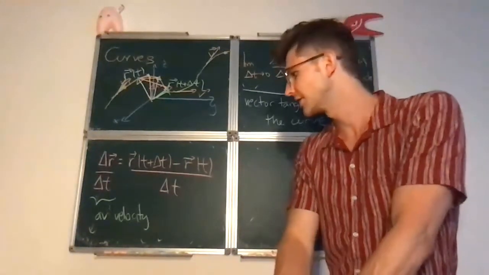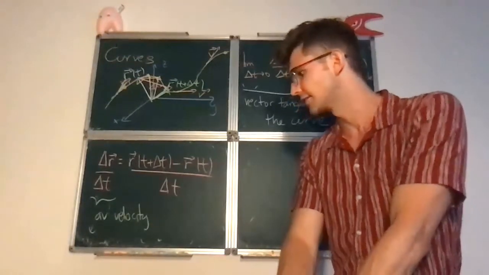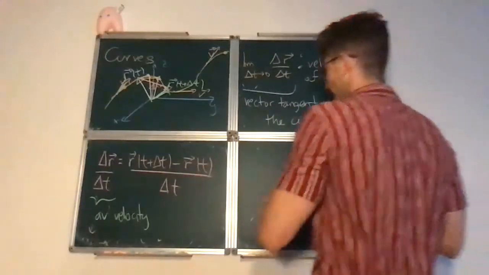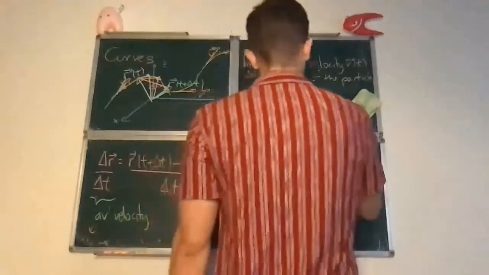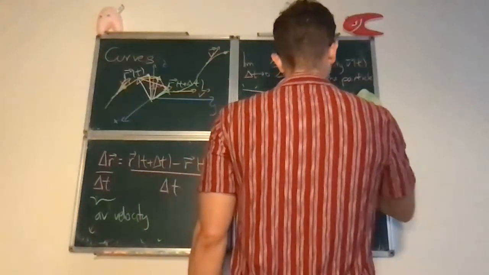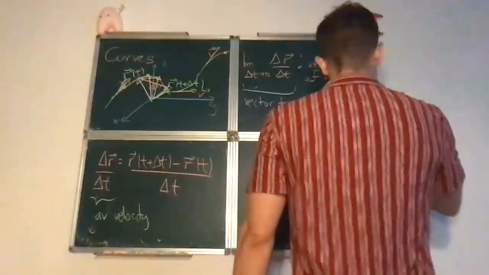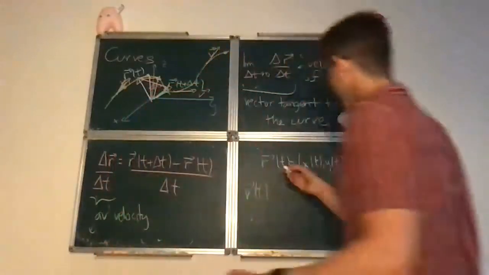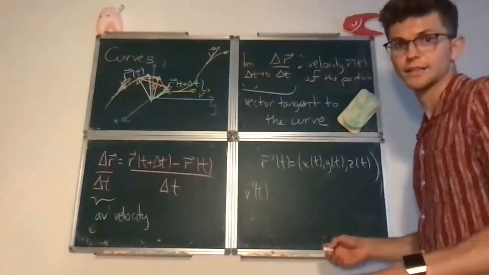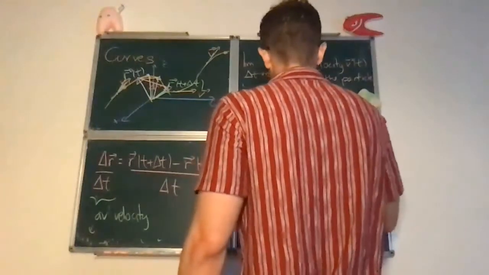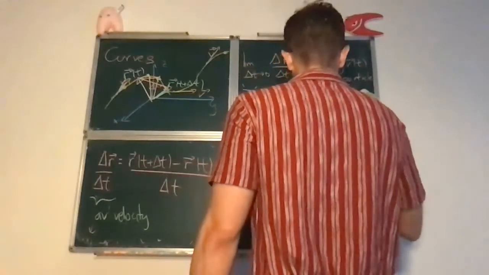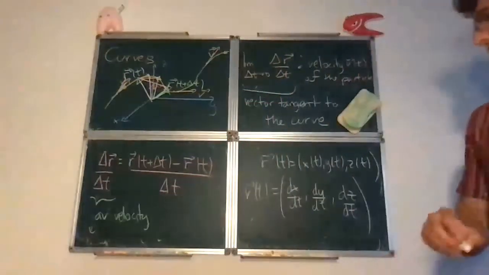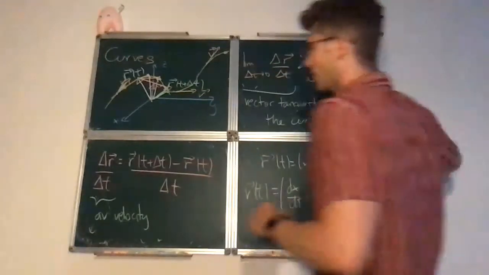Essentially, in practice, if r of t is x of t, y of t, and z of t, then the velocity vector is just computed by differentiating each of the individual coordinates as a function of time. So it's just dx dt, dy dt, dz dt.